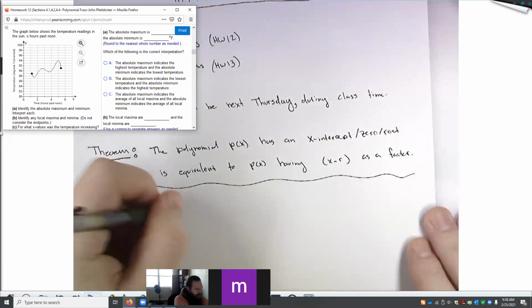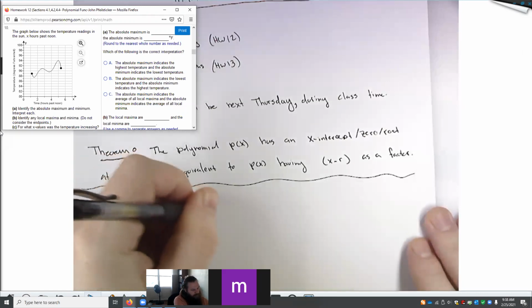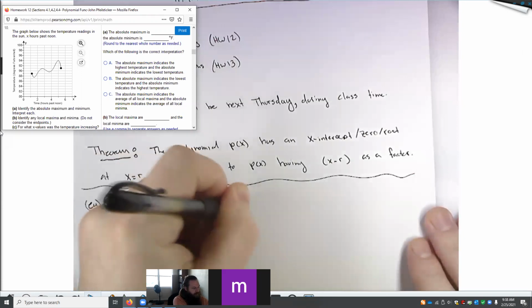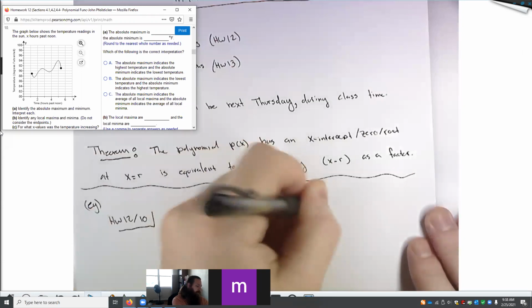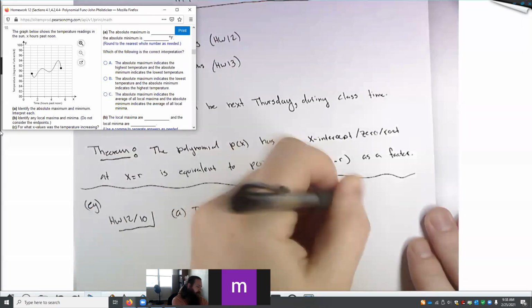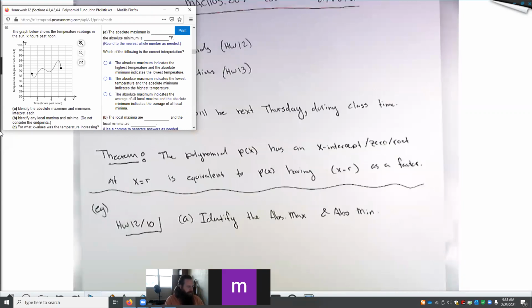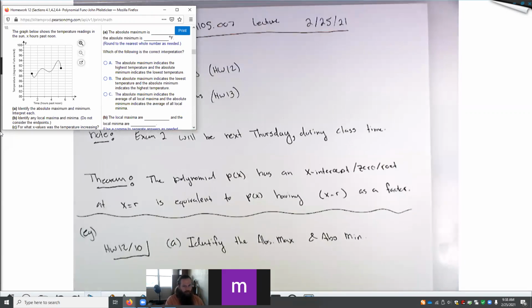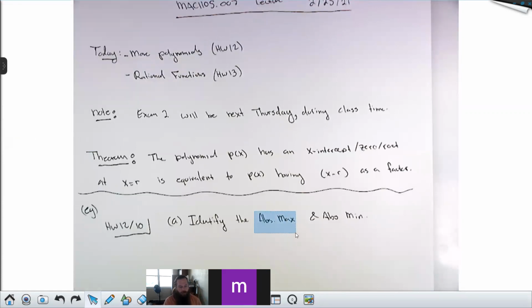So remember what these are. The absolute max is the y value associated with the tallest point on the graph.